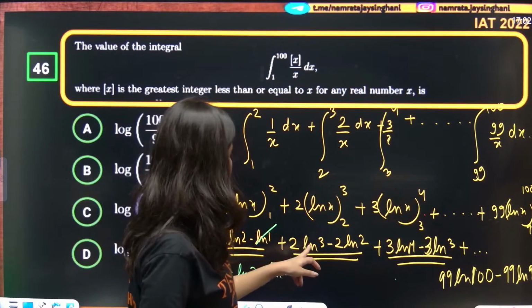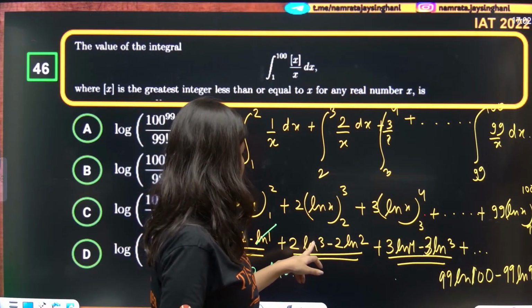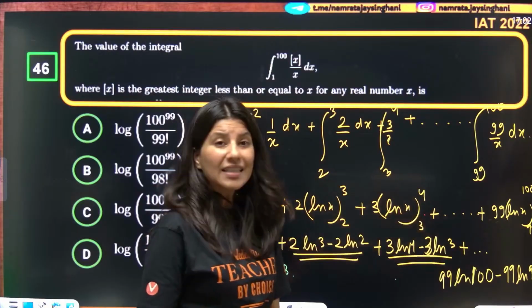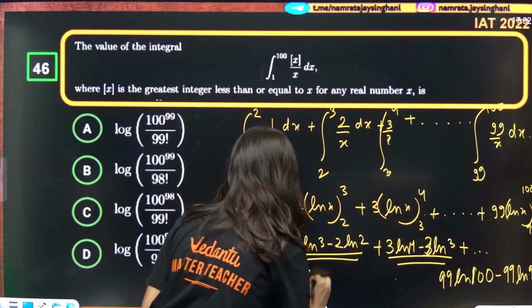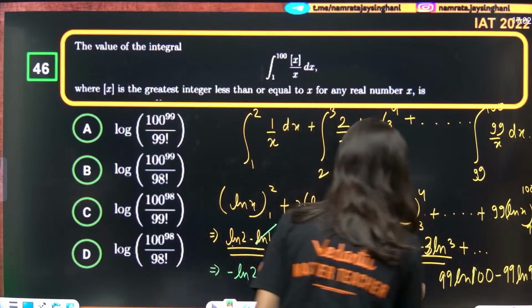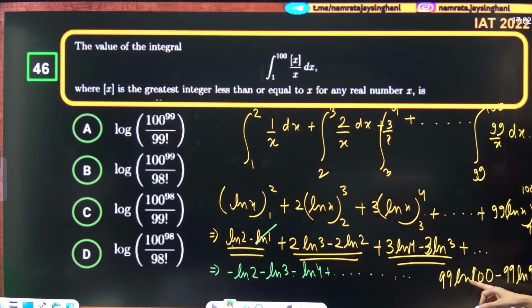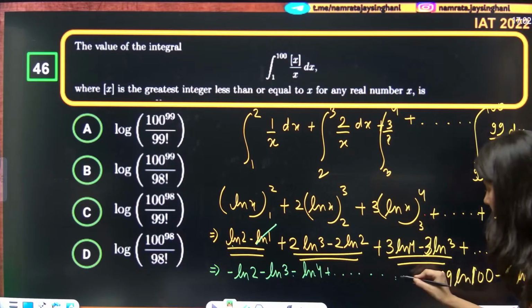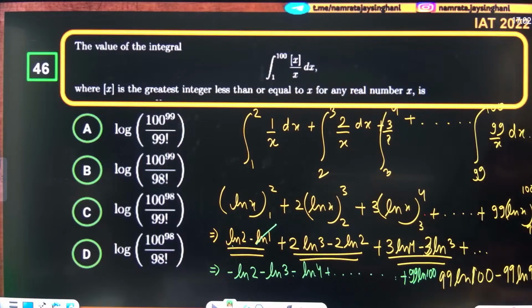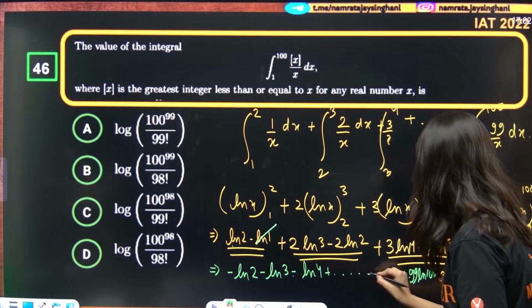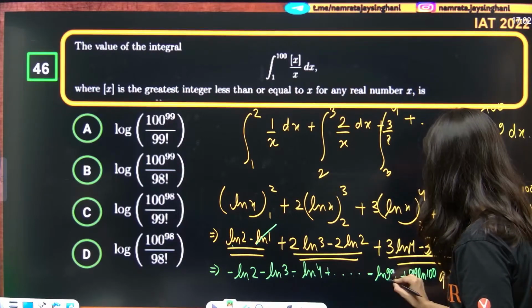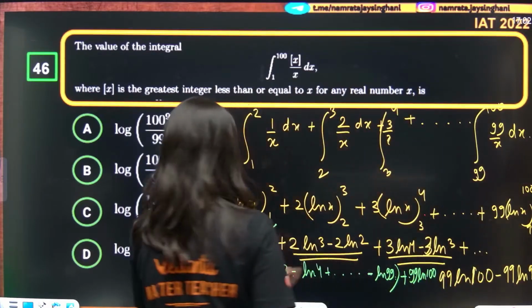Then 3 log 4 minus, so this is minus log 4, and all the way up to 99 log 100 will be there, and this is minus 99 log 99. So before that it is going to become minus log 99. Yes, this is how it is.